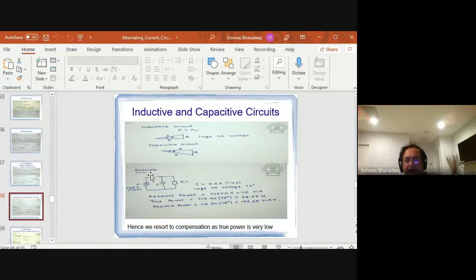You can add another circuit on the side in order to change the effective nature of the circuit. If it is a very capacitive circuit, you add an inductor in parallel. If it is a very inductive circuit, add a capacitor in parallel.